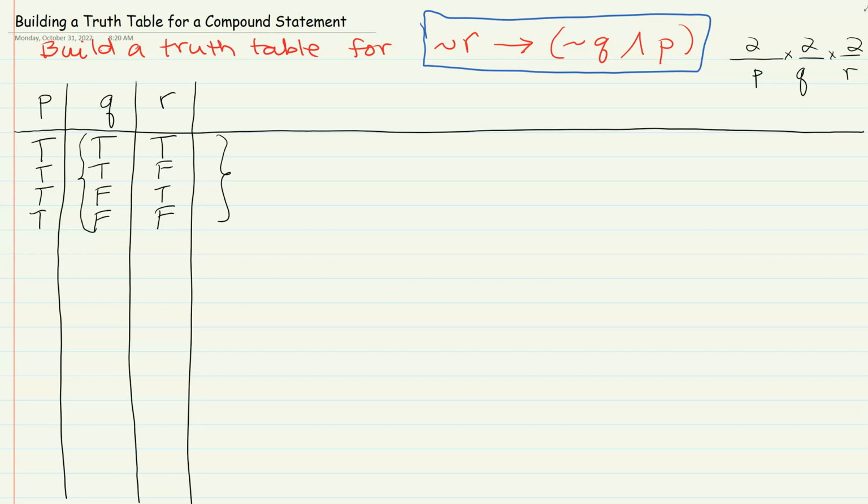But when you have three choices, I would list this systematically. The first four would be when P is true, and the second four would be when P is false.